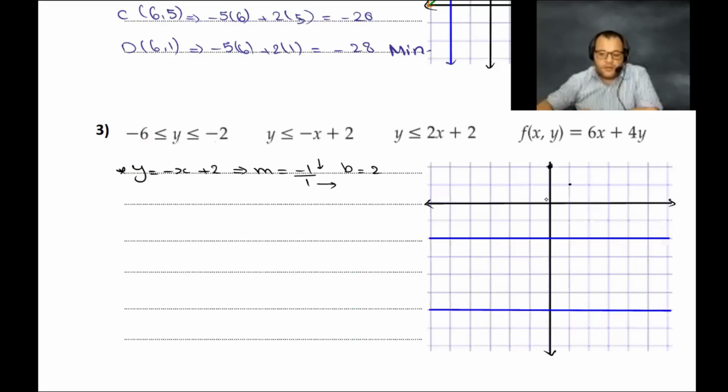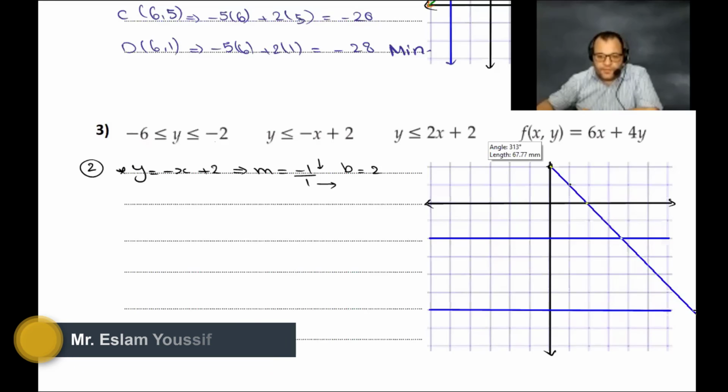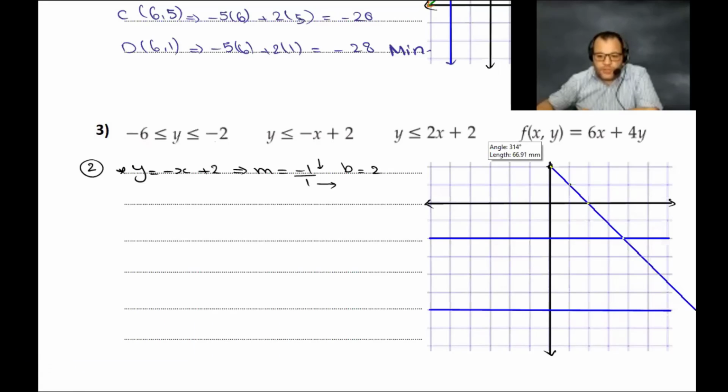That's equation number 2. Which part will be shaded? Below the line, since y is smaller than -x plus 2. So we shade the part under the line.